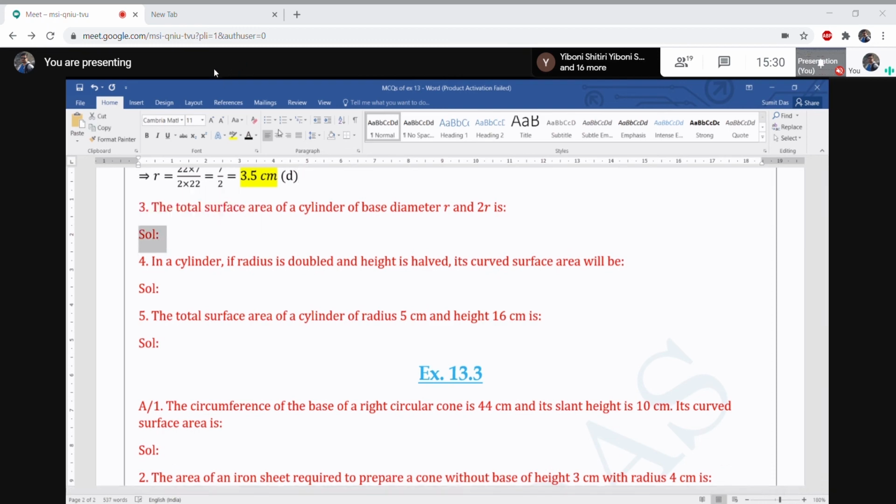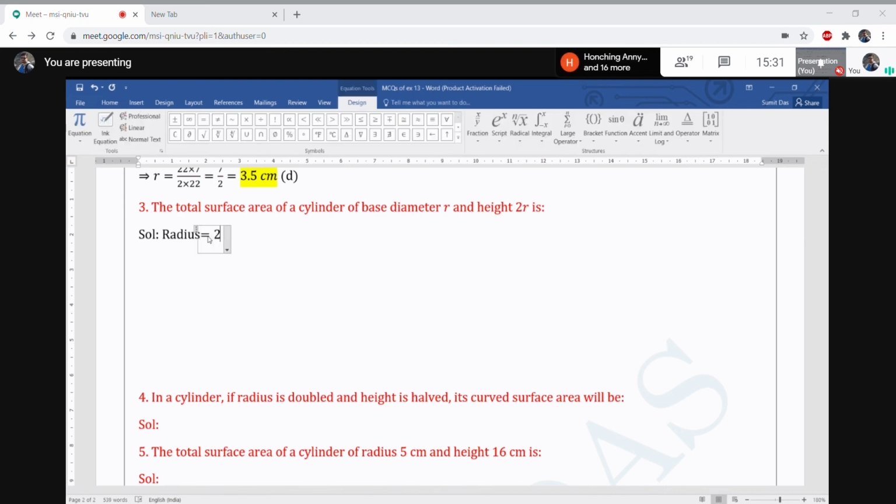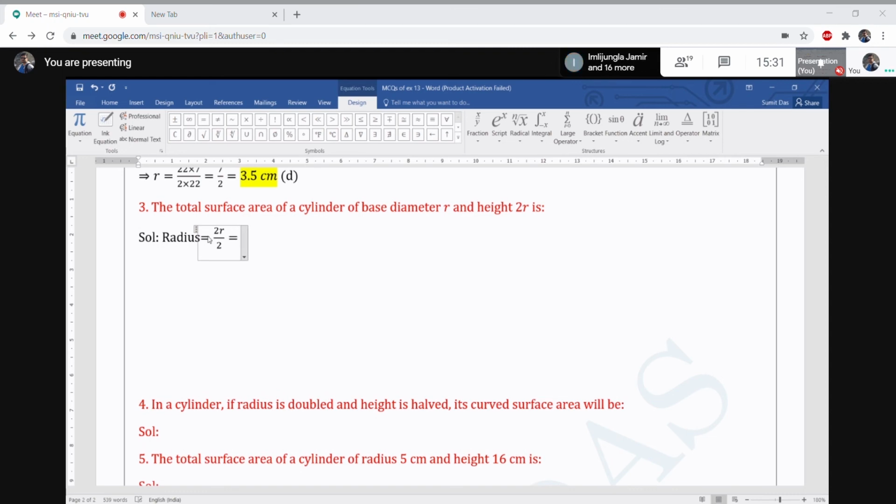Then move on to question number 3. Question number 3 says the total surface area of a cylinder whose base diameter is 2r and height is 2r. So what is the radius? The radius will be 2r by 2, that is equal to r.